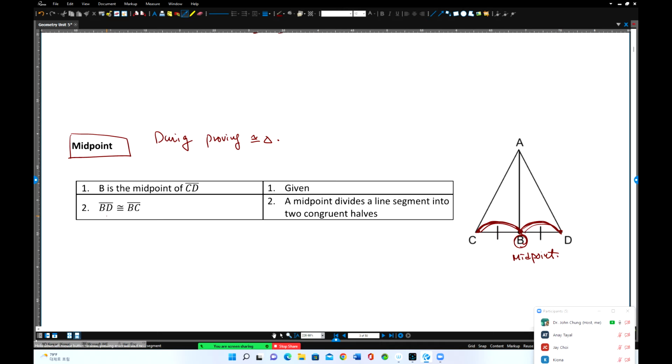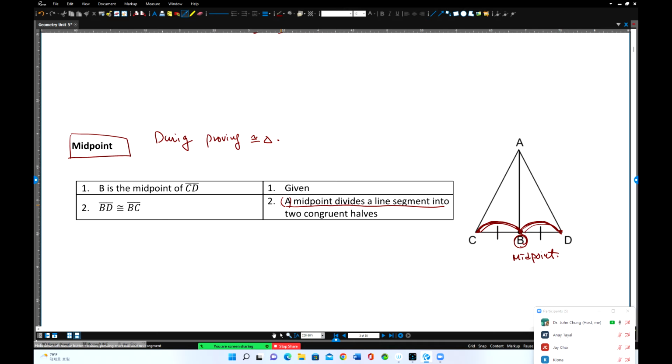Now it's time to memorize the reason. When you got a midpoint, you have to say this one. Don't skip any word. A midpoint, you can write just midpoint or the midpoint, doesn't matter.